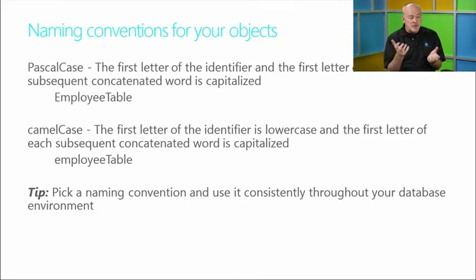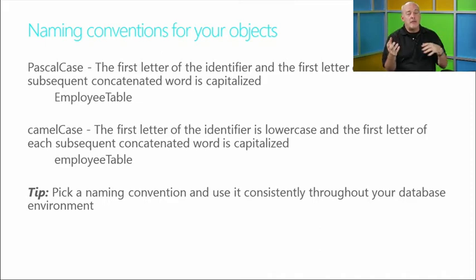Camel case, as you can see, the difference is that with the exception of the first word in the identifier, which is lowercase, every other concatenated word has its first letter capitalized. Whatever your preference is, mine, as I've shared a couple times already, is Pascal case. But whatever you're going to use, be consistent.